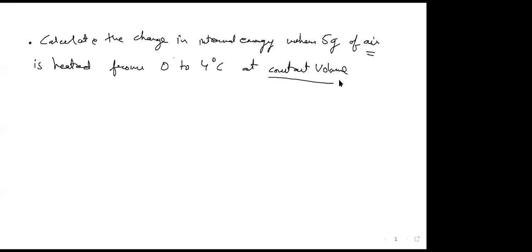So volume is constant. What else do you need? The specific heat of air, which is given to be 0.172 calorie per gram per degree Celsius. So everything is in CGS units. Lovely. Go ahead. Sir, that is the specific heat of air, right? Yes, specific heat of air.